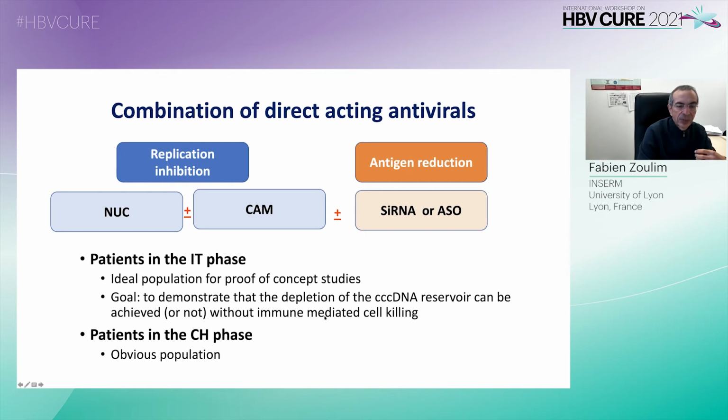So this could be extremely interesting when combining 2 or 3 modes of action. Obviously, this does not exclude the patients in the classic chronic hepatitis B phase, where this type of combination could be applied.